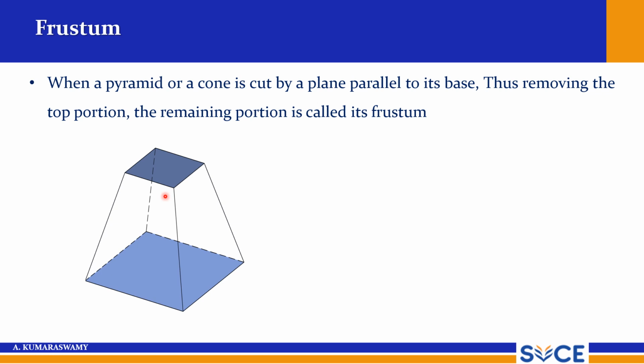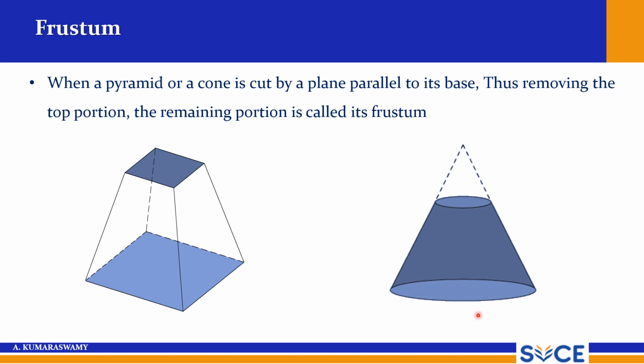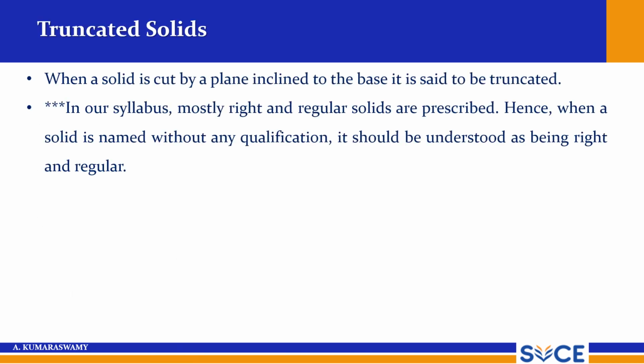That is also one of the frustums, frustum of cone. This is the frustum of pyramid, and this is the frustum of cone. And truncated solids: when the solid is cut by a plane inclined to the base, it is said to be truncated.